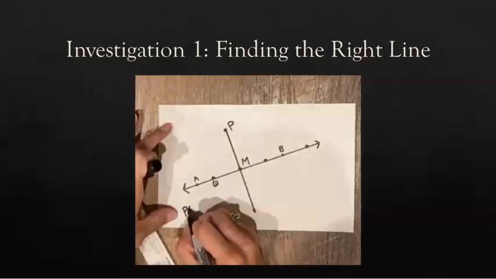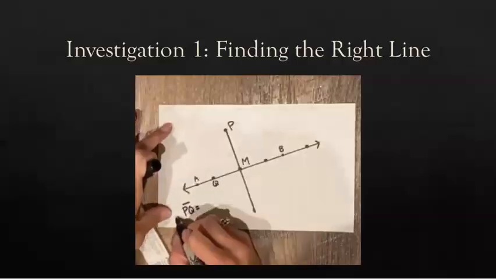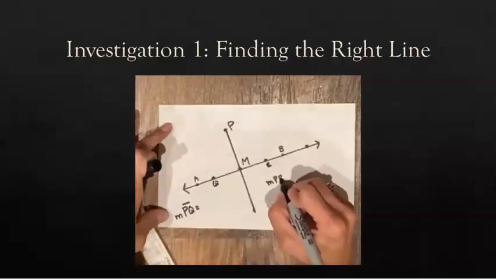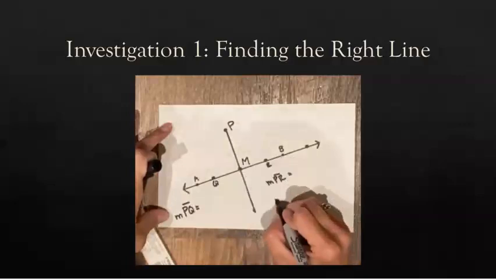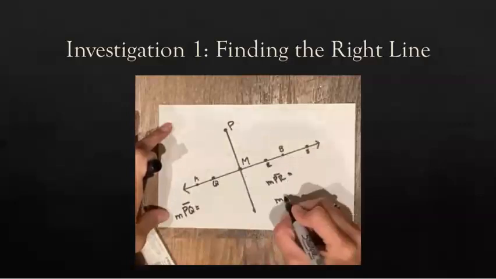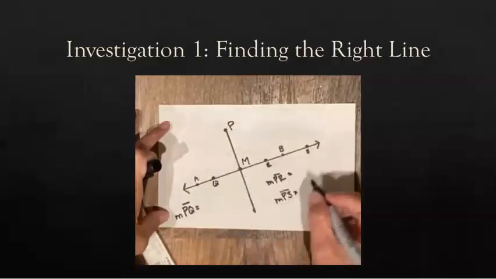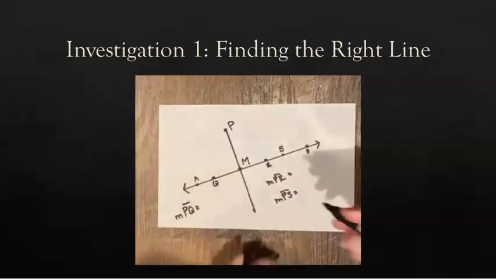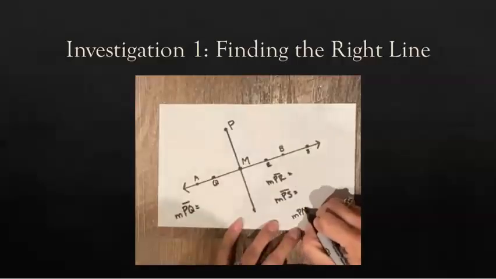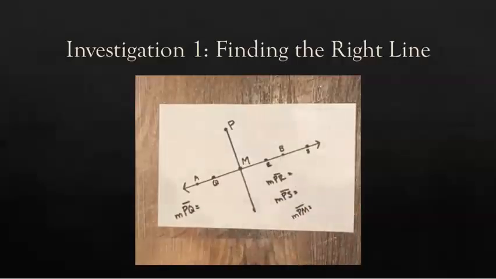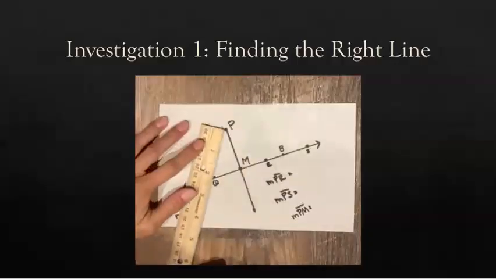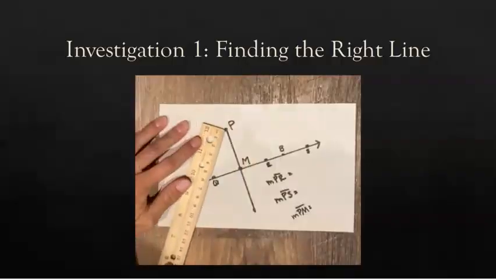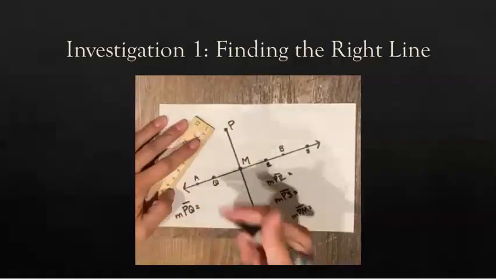I already know that A and B are equidistant away from P, but I'm going to label these other points Q, R, and S. And then I'm going to measure the distance between P and Q, P and R, and P and S. And I'm also going to measure the distance between P and M, M being on our perpendicular bisector. Because these are short distances, I'm going to go ahead and use centimeters.